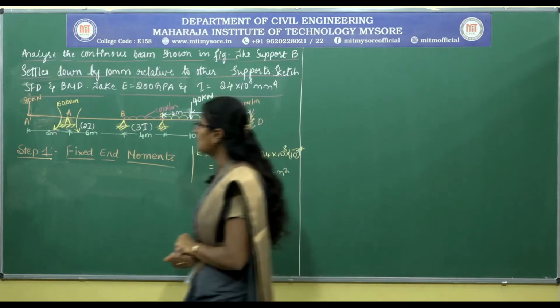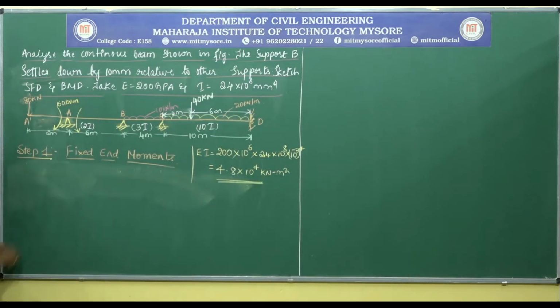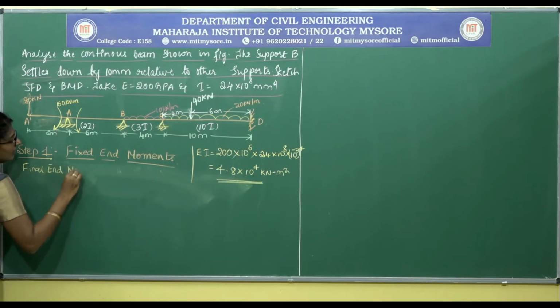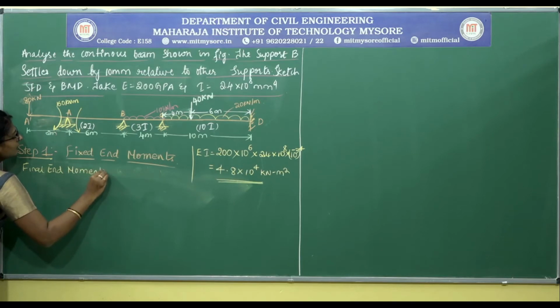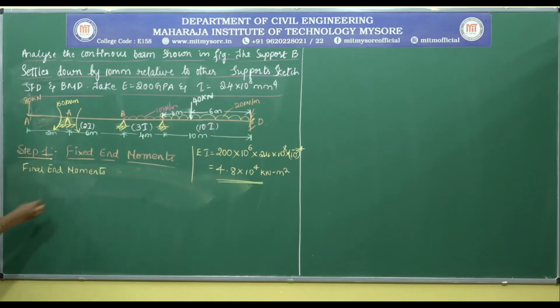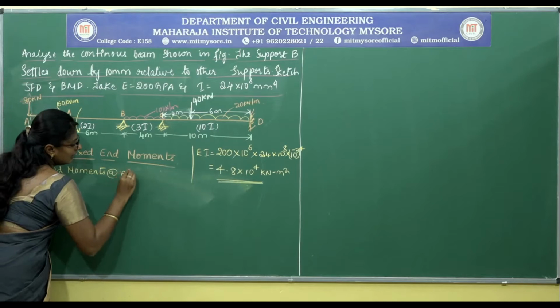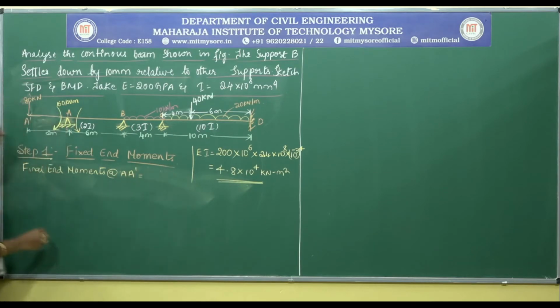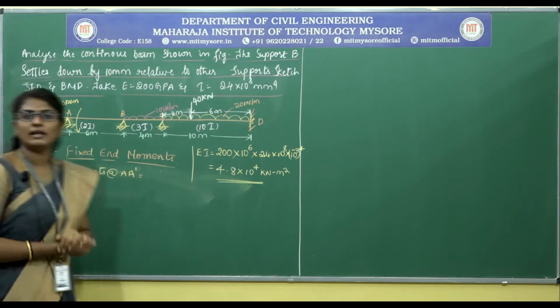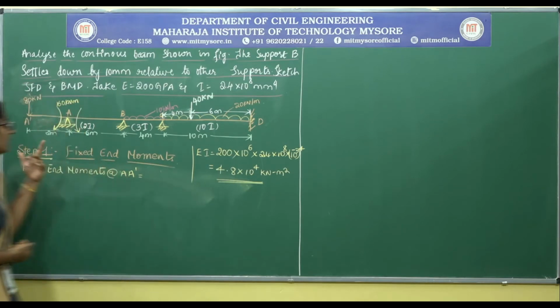So the final end moment at A dash is equal to, in case of overhanging, we consider the left portion as positive.